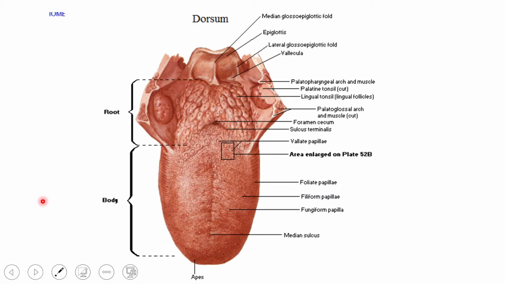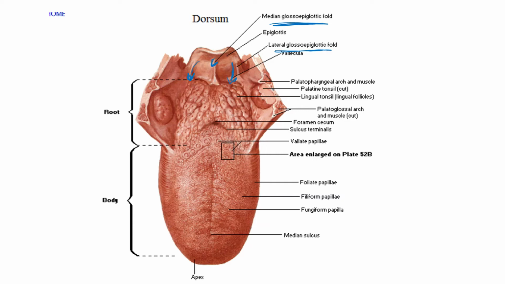Along the median plane, the median glossoepiglottic fold connects the anterior surface of the epiglottis with that of the base of the tongue, and on either side lies the lateral glossoepiglottic fold which connects the lateral side of the epiglottis to that of the base of the tongue. So this is about the attachment of the base of the tongue with that of the epiglottis.